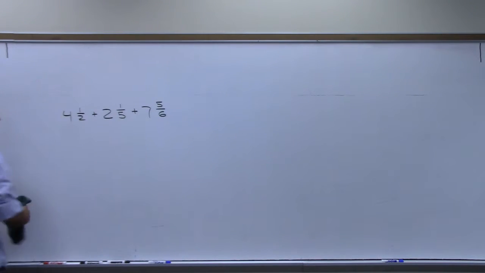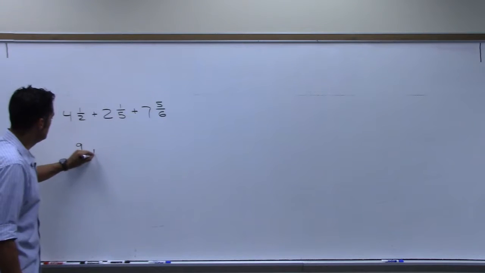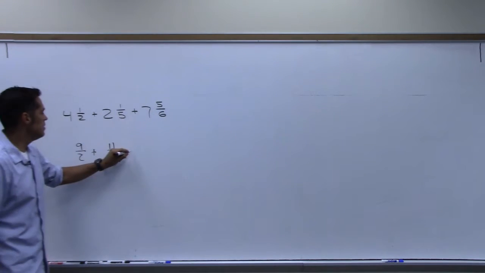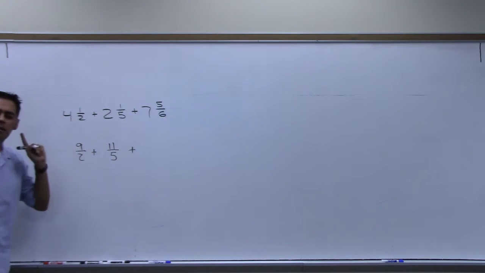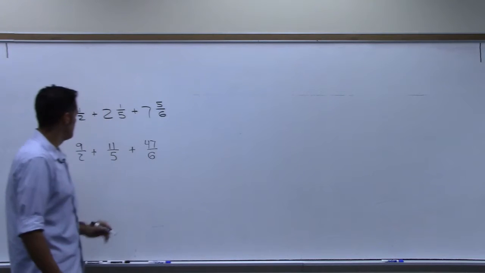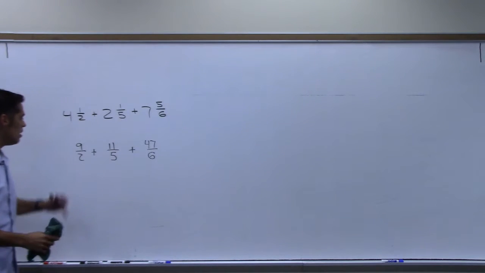Improper fractions on all of these first. So this one will be what? 9 halves, 9 over 2, 11 fifths, and what is that? 47 over 6? There you go. Now you need a common denominator. 30? So you have to turn all of these into 30s.